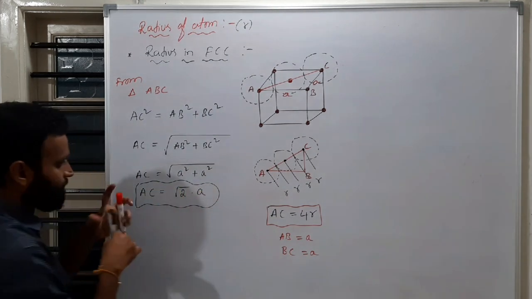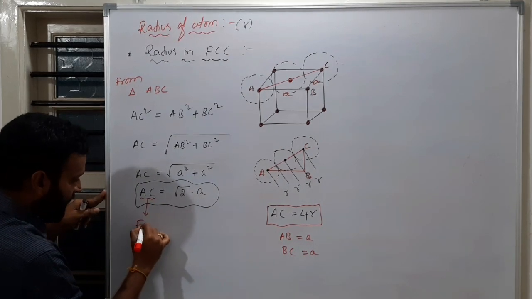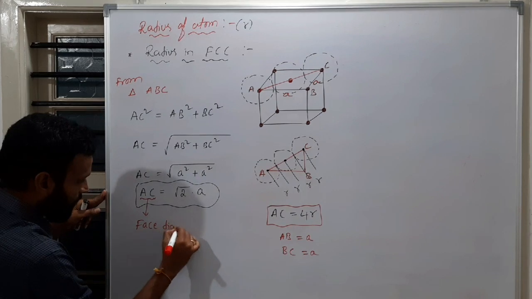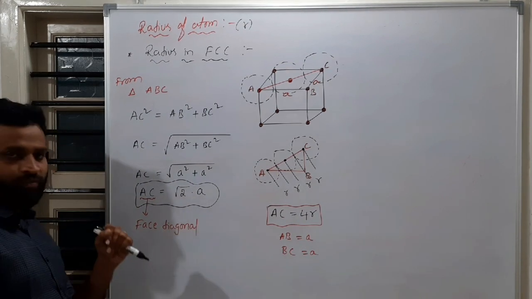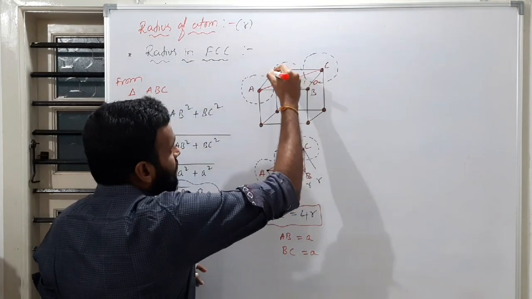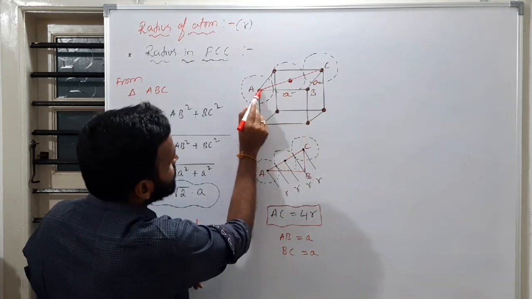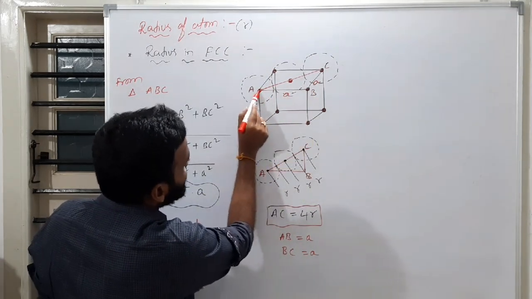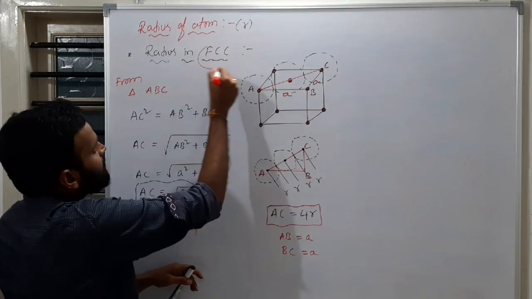What is AC actually? AC is called the face diagonal. I told you previously also, this is called the face diagonal, and here to here is the body diagonal, if a body center atom is there. But here what cubic are you considering?